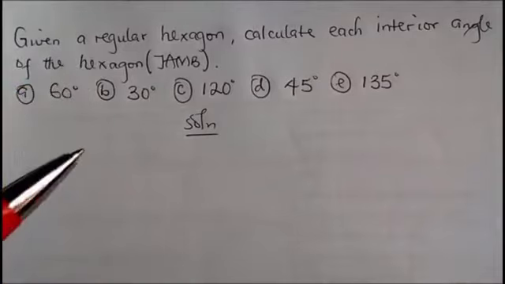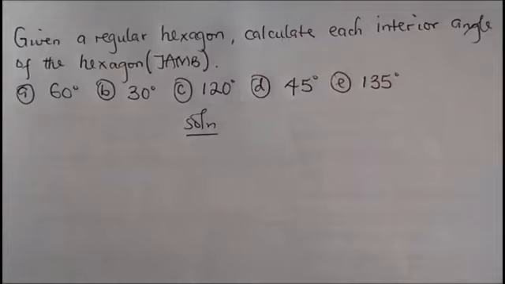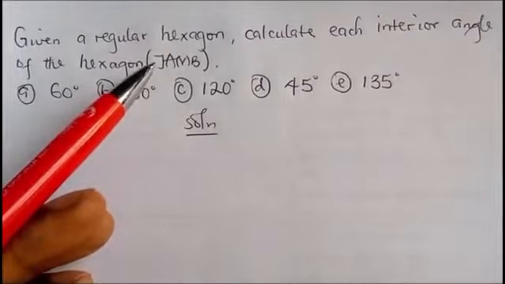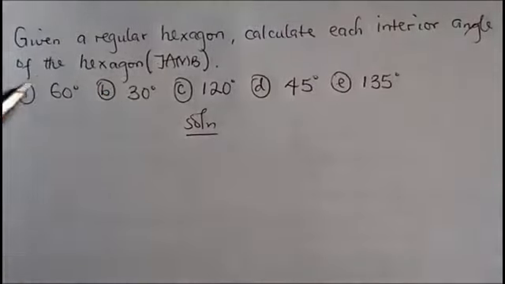That is, all the sides of that polygon are equal and all the angles are equal. Coming down to this question where we have a regular hexagon. A hexagon generally is a polygon with 6 sides and 6 angles. So the angles of this hexagon are all equal.